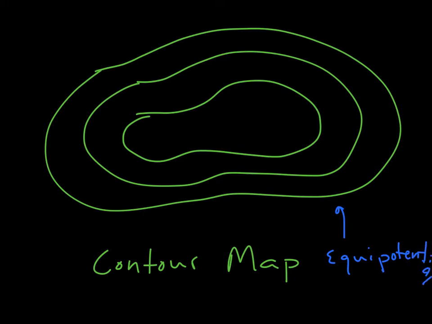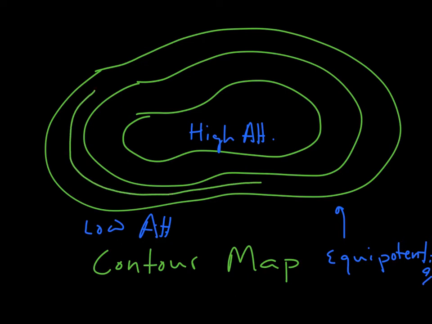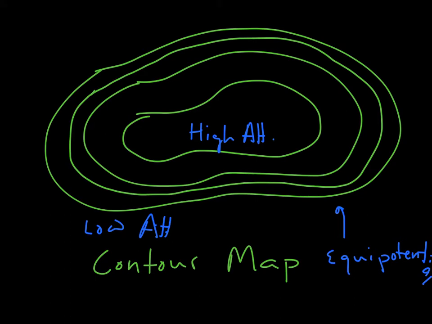Remember, this would be like your high altitude, and then this would be low altitude. And if you're reading this, where your lines are really close together, this is where your hill is really steep, and over here it's shallower because they're farther apart.